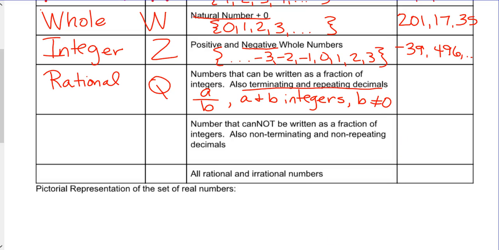Now, everything we've looked at so far can be considered a rational number because you can always put a number over 1 and make it a fraction, but we can also get into our other fractions. So I'm going to do like -7, -1, 0, 5, 10, something like that. To look at some fractions, maybe I say 1/2, -3/4, 7/8.